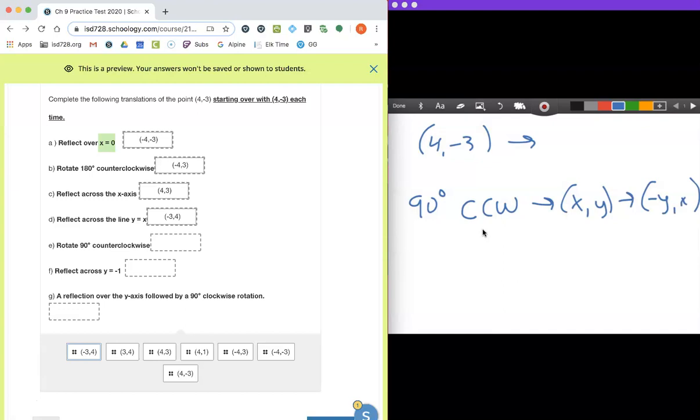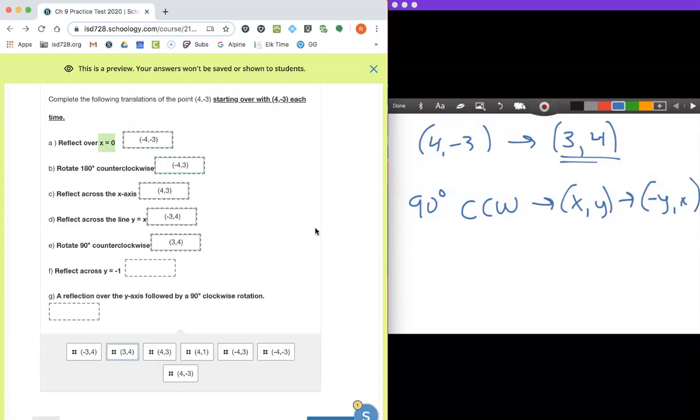So the rule is there. We need to take the opposite of y, which, the opposite of -3 is +3, and then take the x term, leave it the same, and put it second as the y term. So (3, 4) will be my answer there.